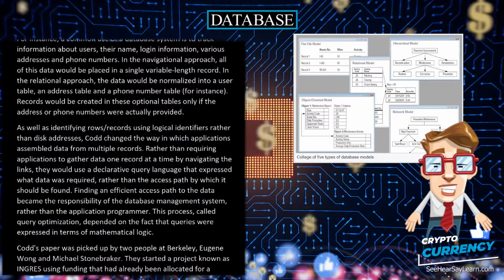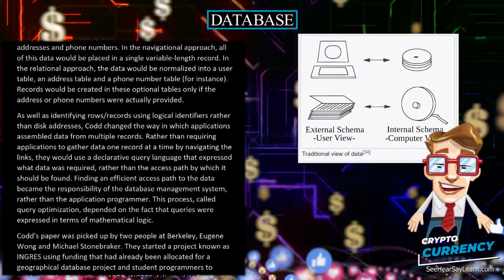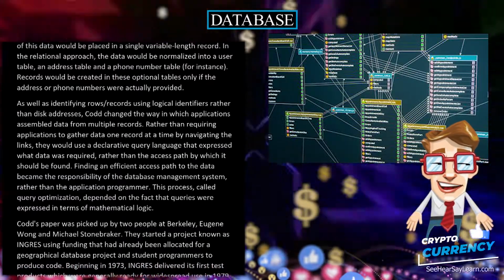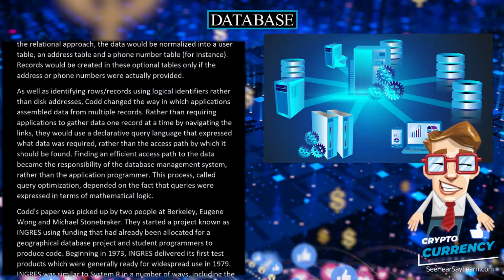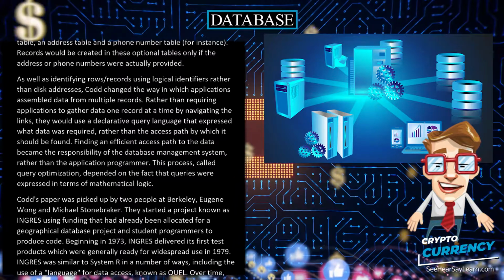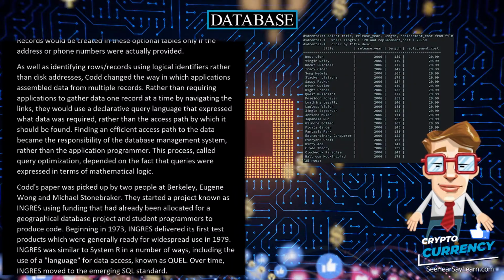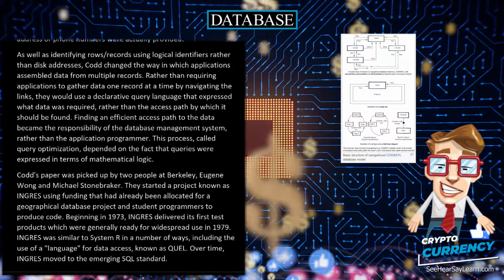As well as identifying rows/records using logical identifiers rather than disk addresses, Codd changed the way in which applications assembled data from multiple records. Rather than requiring applications to gather data one record at a time by navigating the links, they would use a declarative query language that expressed what data was required, rather than the access path by which it should be found.